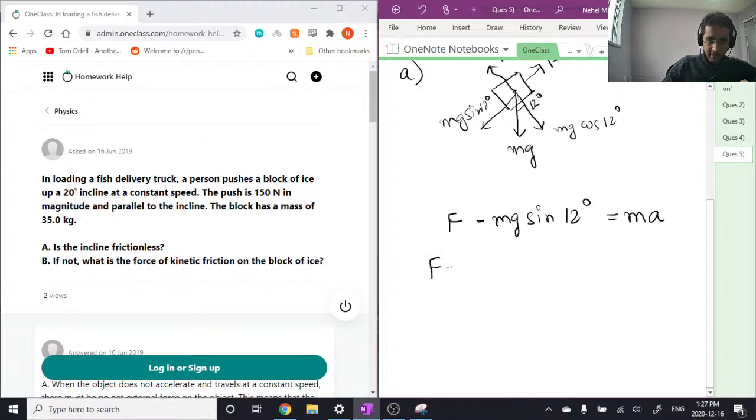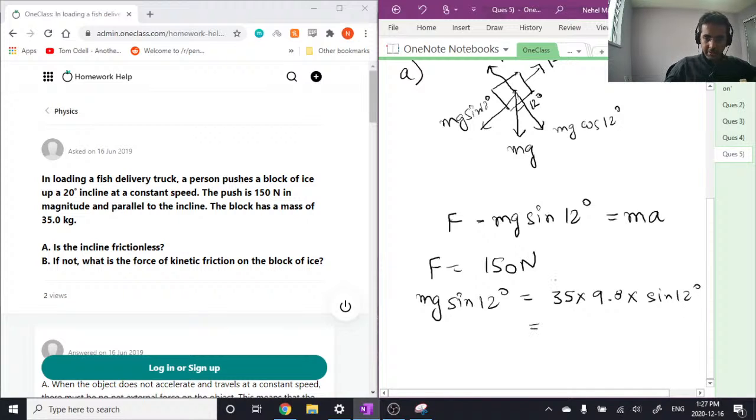We know F is already equal to 150 newtons, but mg sine of 12 degrees is equal to 35 times 9.8 times sine of 12 degrees, and this value is equal to 65.49.